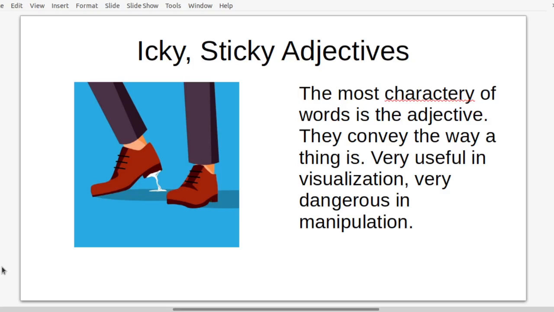So then we have our adjectives, and I call them the icky, sticky adjectives. The most charactery of words is the adjective. They convey the way a thing is. Very useful in visualization, very dangerous in manipulation.